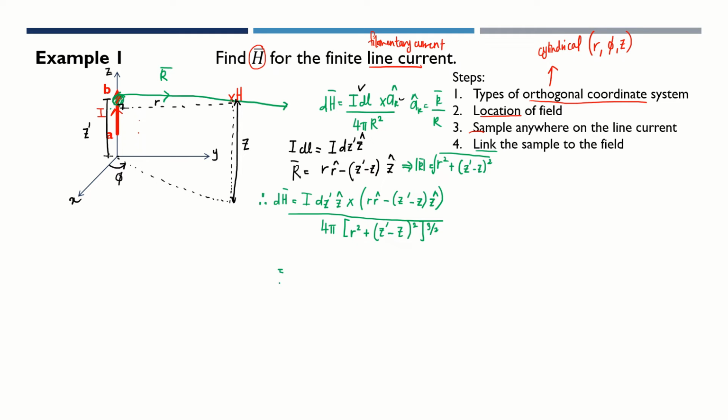Now, what is the next step you need to solve this? You have to solve this cross product. So Z cross product with R direction. This is not a dot product. How to solve that? If you still remember, Z, R and then phi. Do you still remember this?